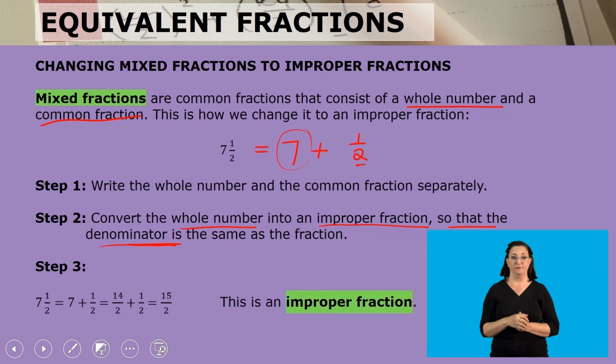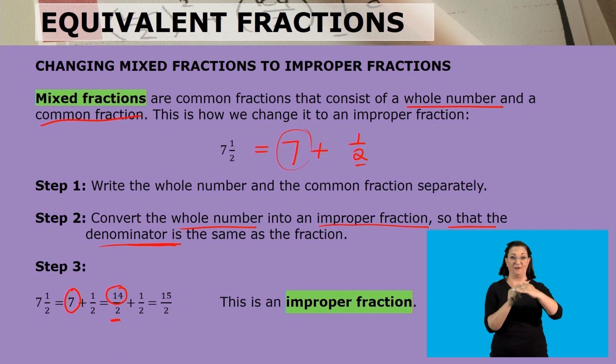As we've seen, 7 can be written as 14 halves, because 14 divided by 2 is still 7. So that 7 has now become 14 divided by 2, which is exactly the same value. When we add it to that half, now we have 14 halves plus 1 half. That gives us 15 halves. And that now becomes an improper fraction.